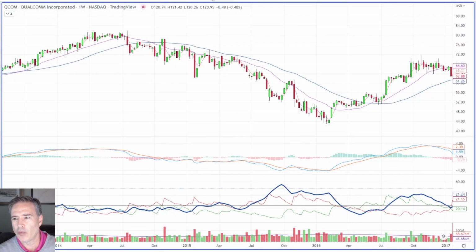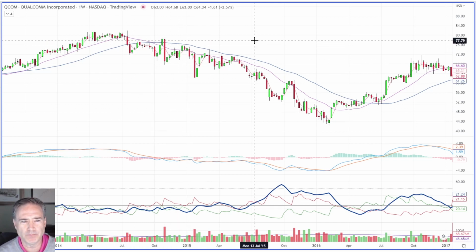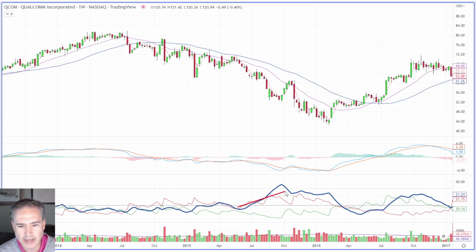So I'm using the Qualcomm weekly chart, and I wanted to show how the market and stocks go through periods of contraction and expansion. This is what I'm talking about when I'm looking at the ADX and the DI lines. You can see where the red DI is in an expansion phase versus the green DI, where these lines are going apart.